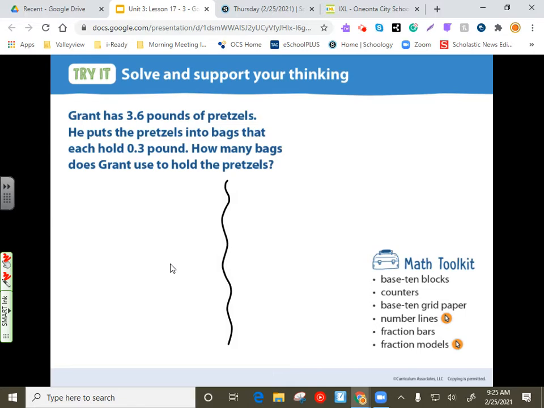So, for that, let's circle. You've got 3.6 pounds. We're going to split them up into equal portions of 3 tenths of a pound each. So here it's going to be 3.6 divided by 3 tenths equals something. We're not going to know that one yet.